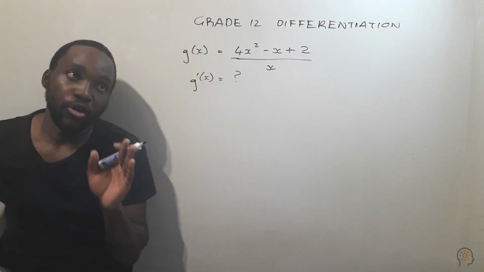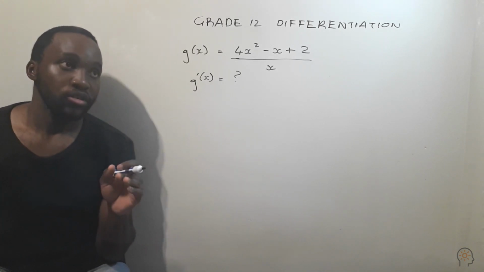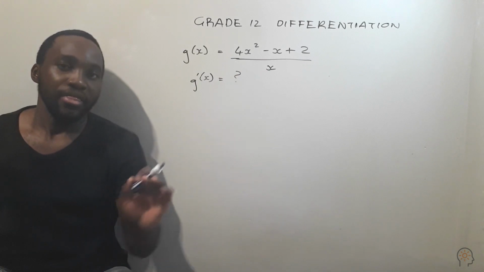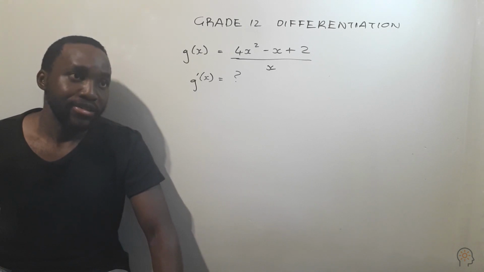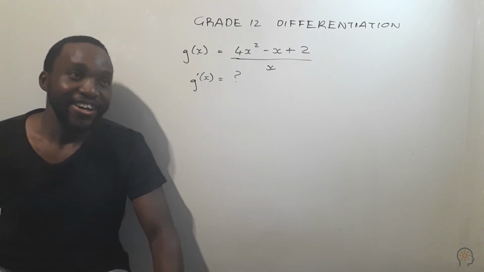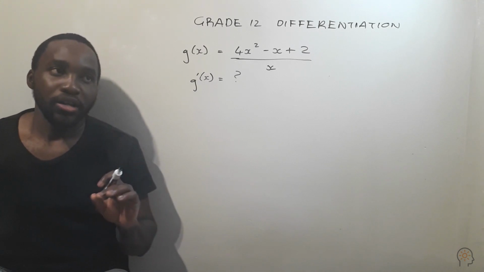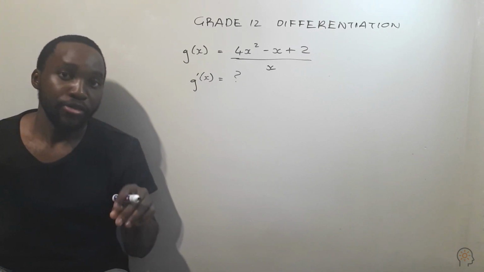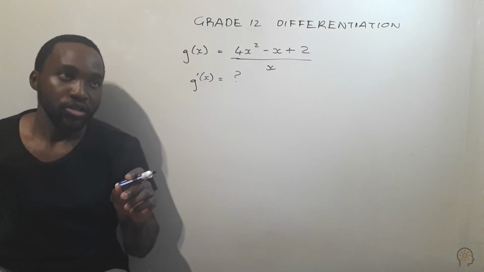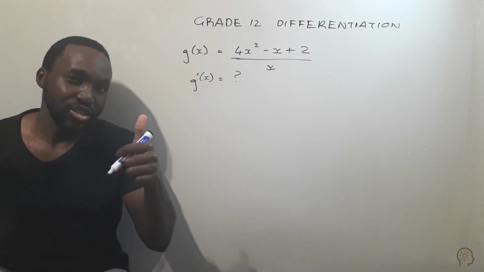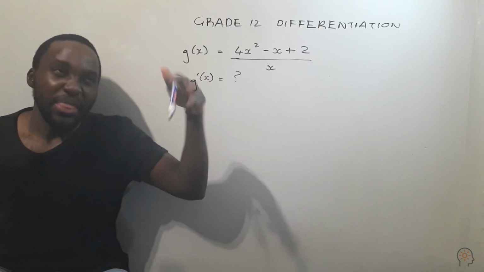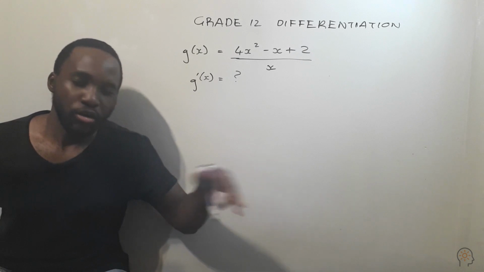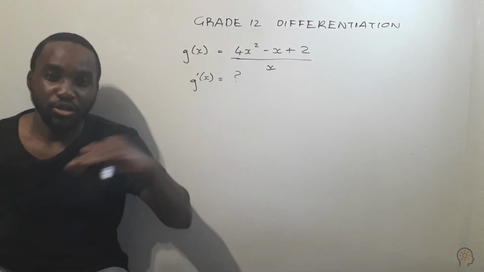You see how I'm always emphasizing grade 12, because there are certain laws on differentiation that you're not going to learn in grade 12. So a key thing is, when you're working on differentiation on your own, maybe studying online, keep in mind what kind of differentiation methods you're going to learn, because there are things like product rule, quotient rule, chain rule, and even things like integration, which is the reverse of differentiation.